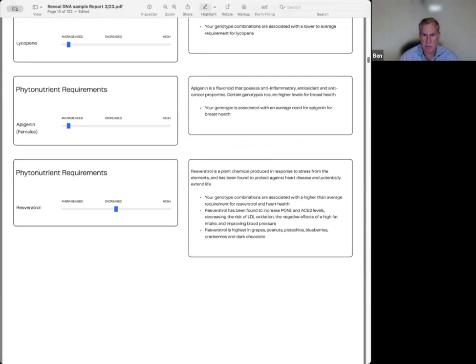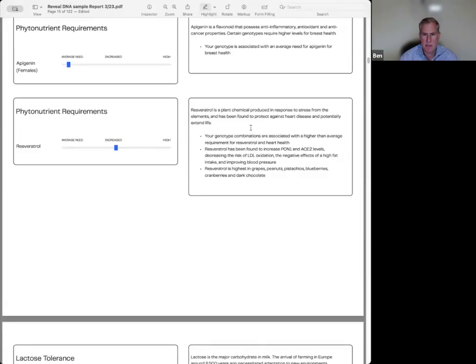Resveratrol, the plant chemical produced in response to stress from the elements, has been found to protect against heart disease and potentially extend life. And this person has an increased need.